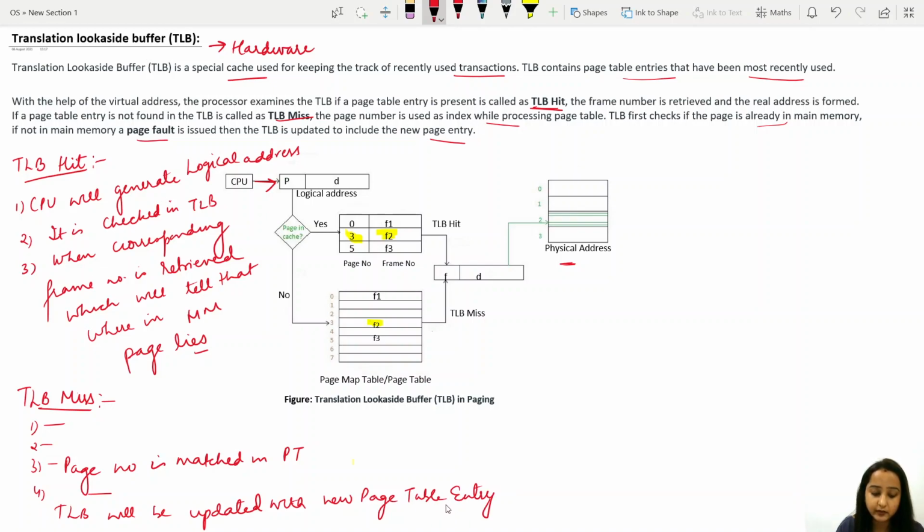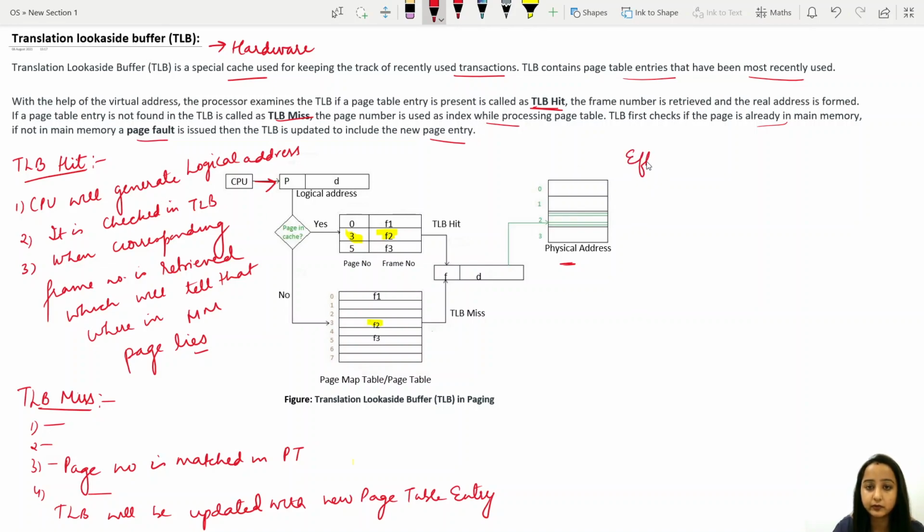If still the page is not found, then replacement algorithms will be adopted, that is FIFO, LRU, MRU. All will be studied later on, but all those replacement algorithms will be followed if there is no space in the main memory, right?